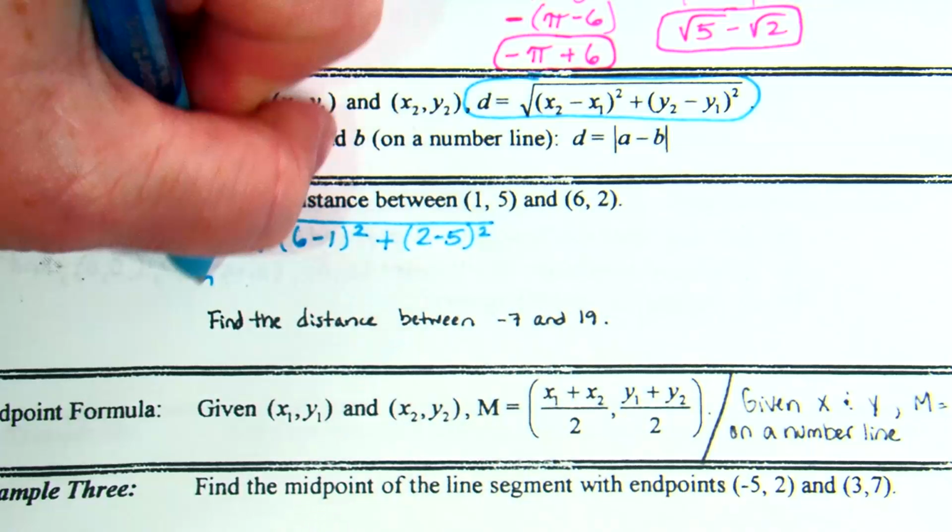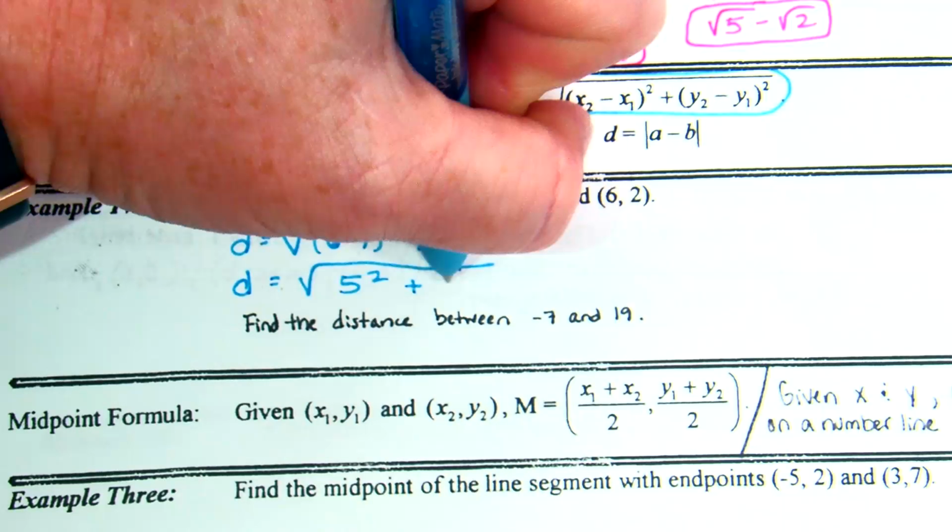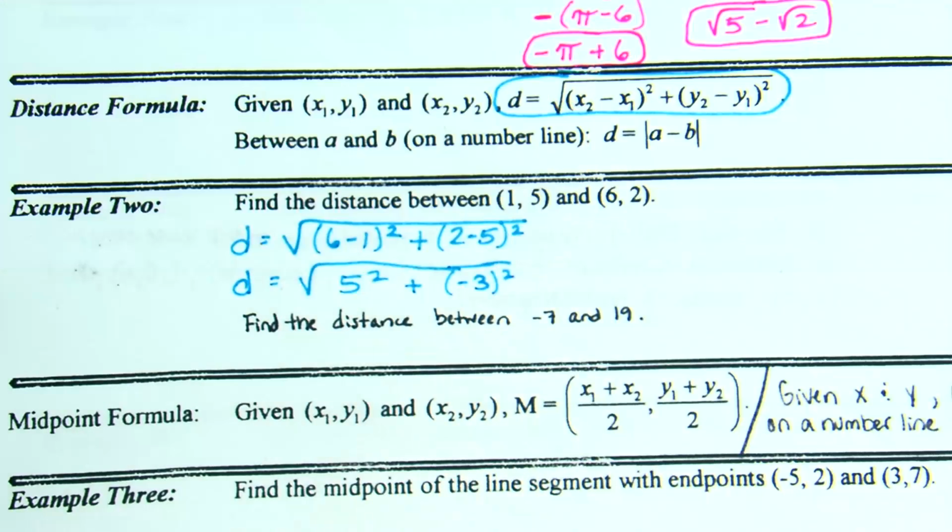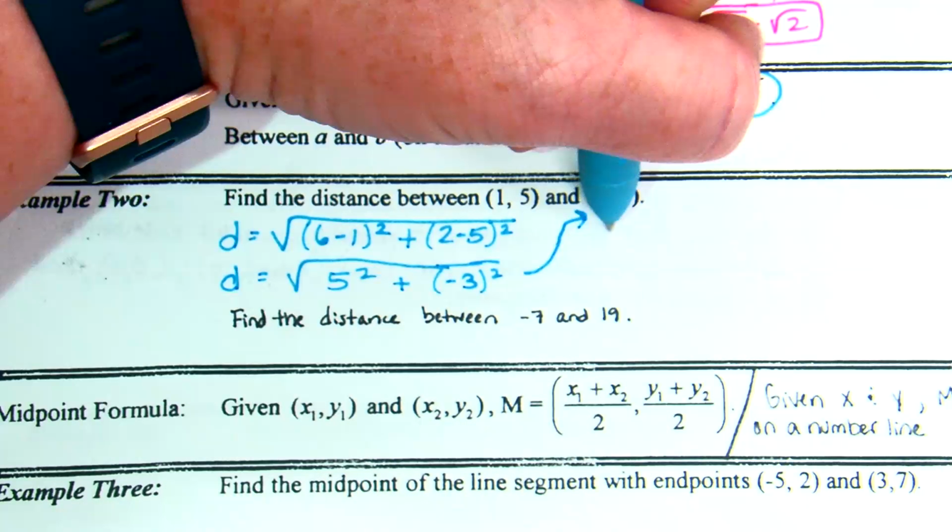Okay, let's see. 6 minus 1 is 5. So 5 squared plus 2 minus 5 is -3, -3 squared. Keep doing the math. What's 5 squared? 25.